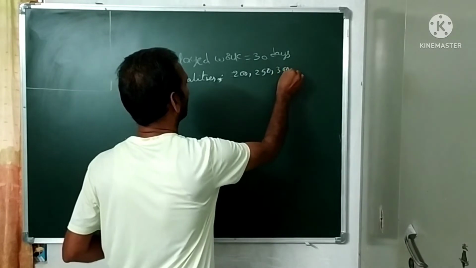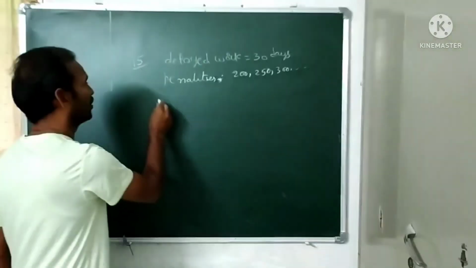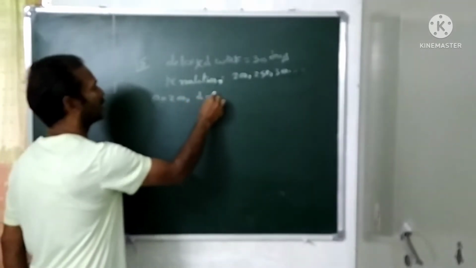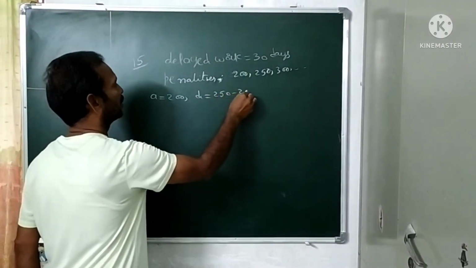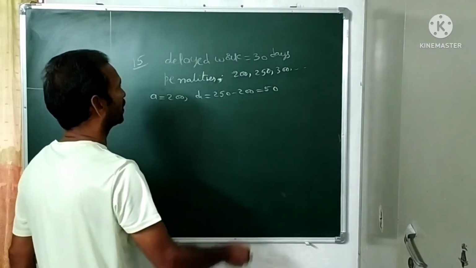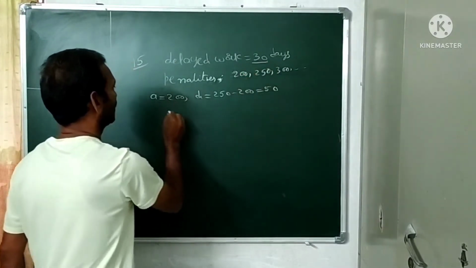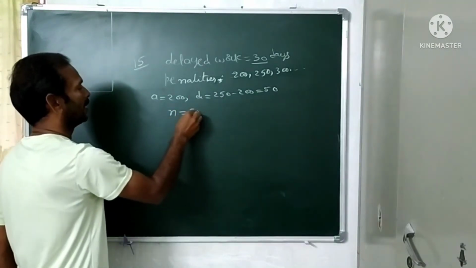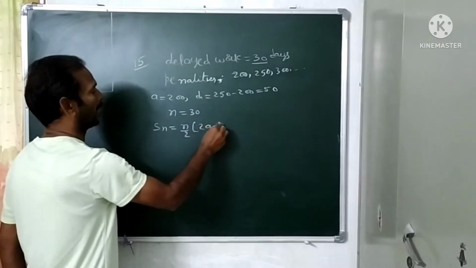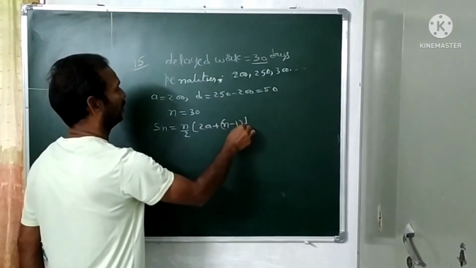After that 300. Like this it goes on. So here A is equal to 200. D is equal to 250 minus 200 is equal to 50. How many days was work delayed? 30 days. So N is equal to 30. Consider the Sn formula: n by 2 into 2A plus n minus 1 into D.